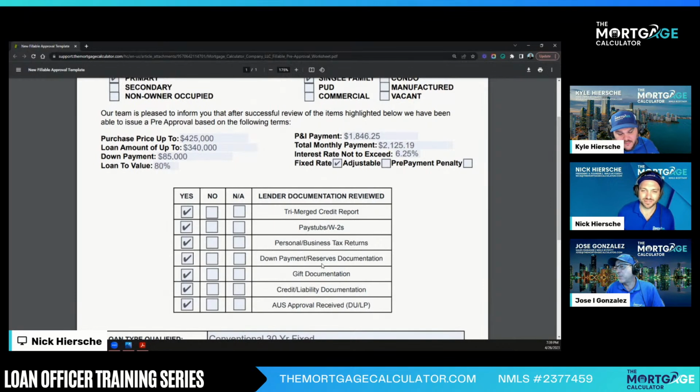We were requesting the pre-approval letter. We were requesting proof of funds, because this is a no reserve building. So they're going to be coming in with either 10% down if it's a combo loan, or 25% down minimum if it's a primary. So we wanted proof of funds as well.